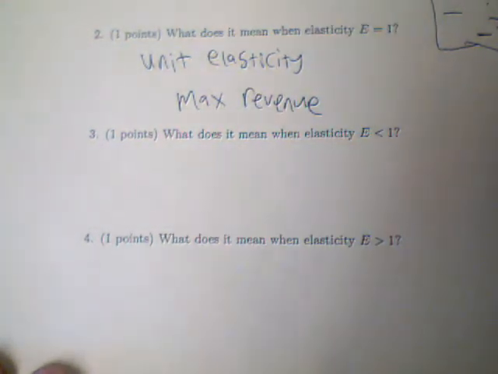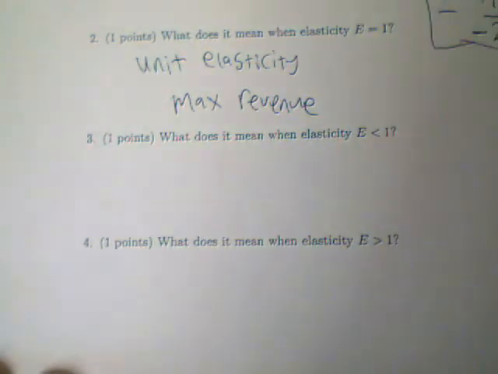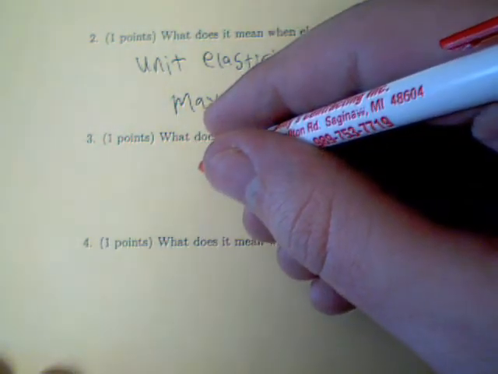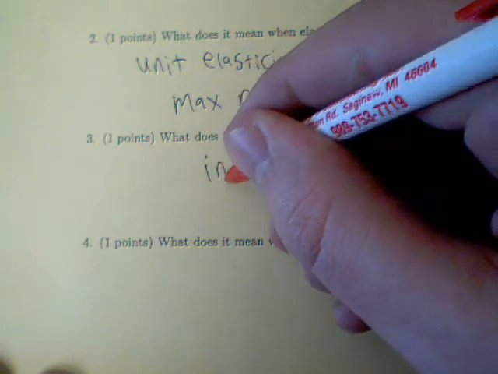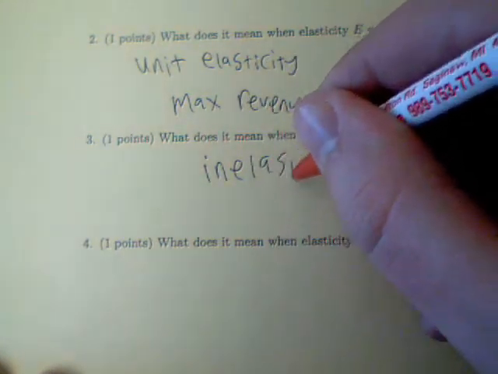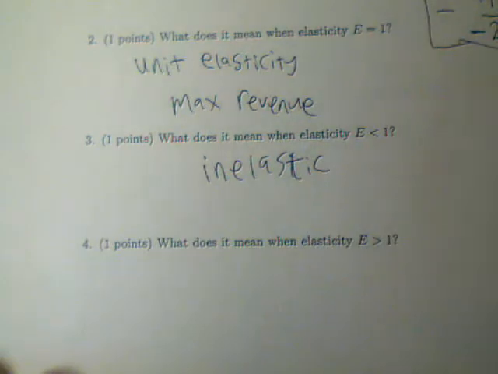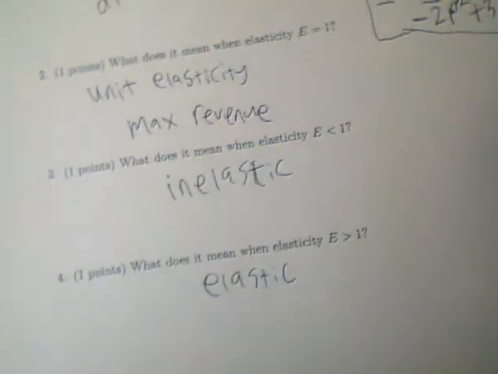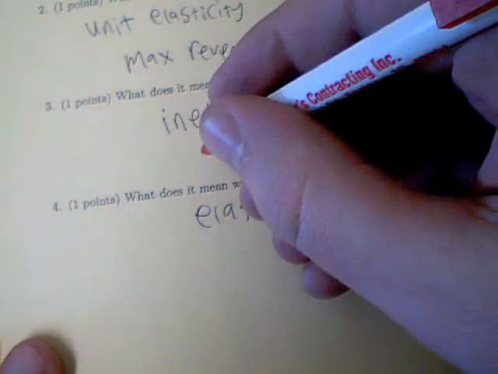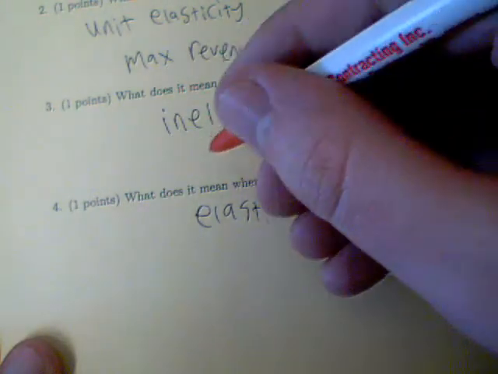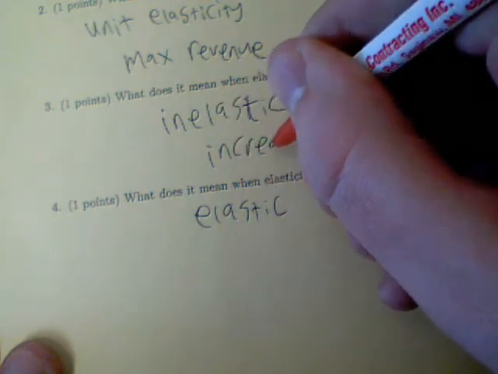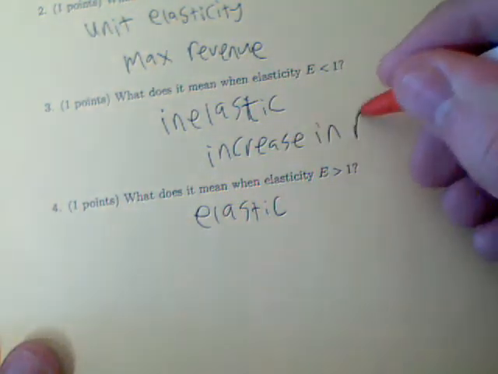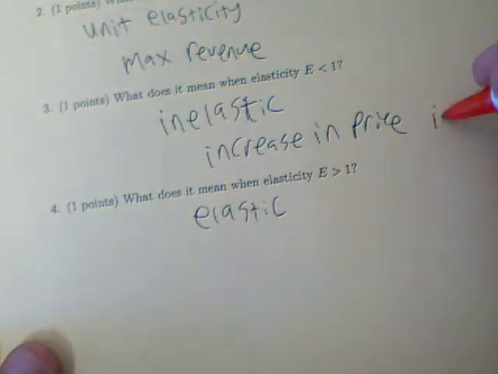Right. Elasticity less than 1, then it's inelastic. Right, and greater than 1 is going to be elastic. Okay. And what do these mean? Well, when you're below 1, an increase in price will increase revenue.